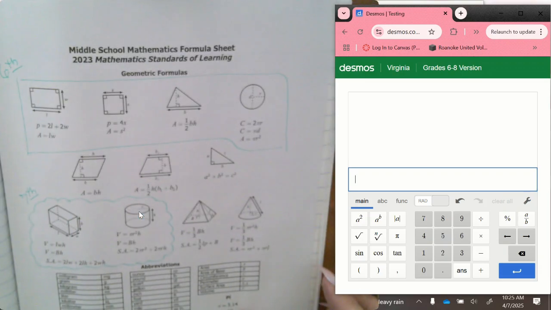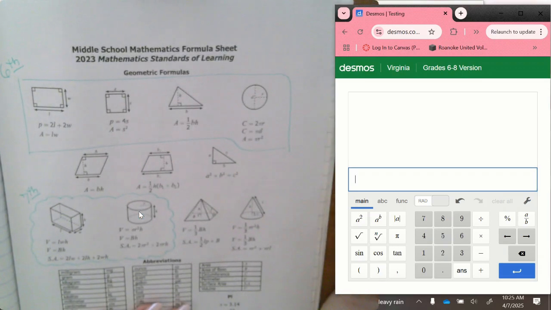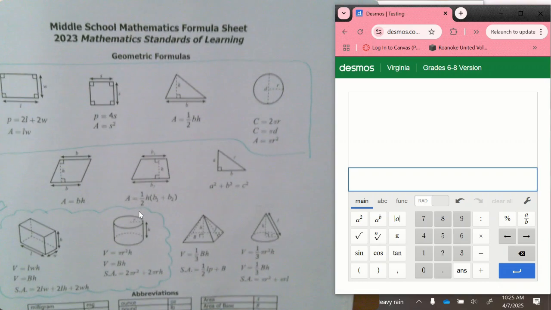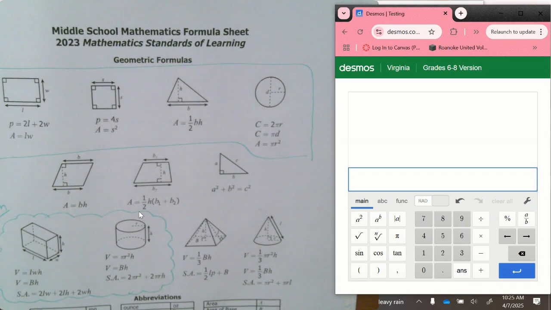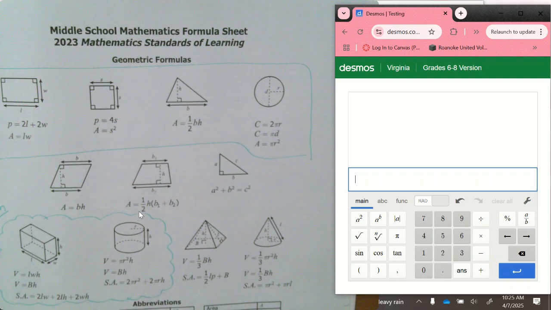Here's my formula sheet. It had to do with circles. 2 pi r was the circumference. What else are you looking at there? What's the formula for area of a circle?